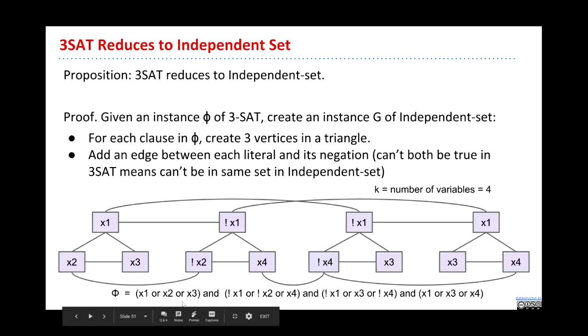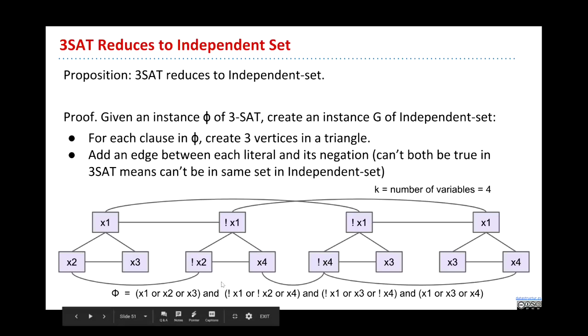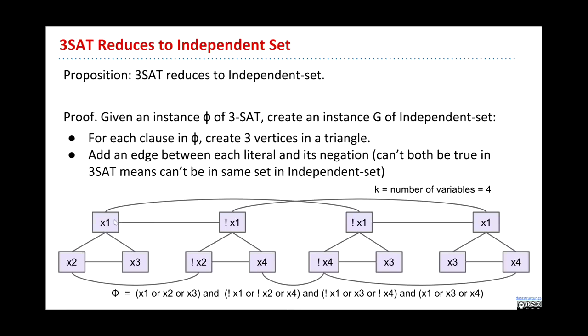So for every one of these 3-variable clauses, you form yourself a little triad of vertices. 3 vertices in a triangle, all touching. And you give them a name, corresponding to whether it's a variable or a variable's negation. Then you add edges between those 3. And then you add an edge between every variable and its negation.